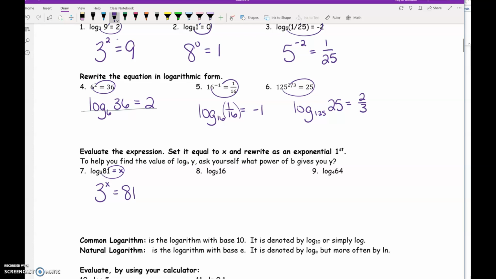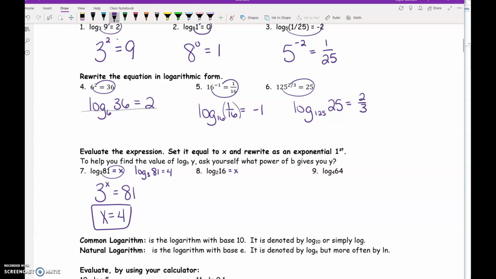So what number, if we raise 3 to that exponent, will give us 81? 3 squared is 9. 3 to the 3rd is 27. 3 to the 4th is 81. So that x is 4. That means that log base 3 of 81 equals 4. If we could type log base 3 of 81 in our calculator, it would tell us 4, and then we would know 3 to the 4th equals 81.